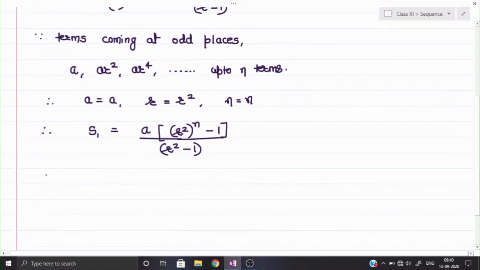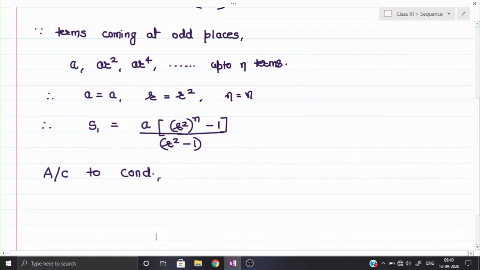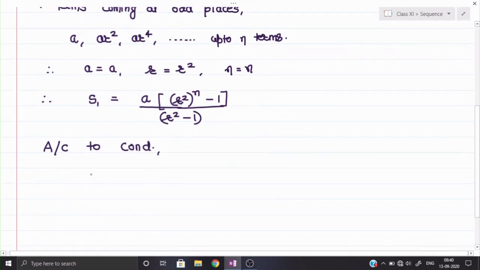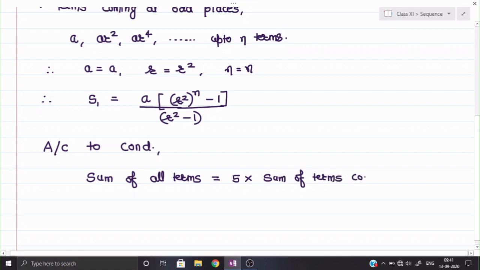Now let us write down according to the condition. What condition have we been given here? The condition is that the sum of all terms is equal to 5 times the sum of terms coming at odd places.